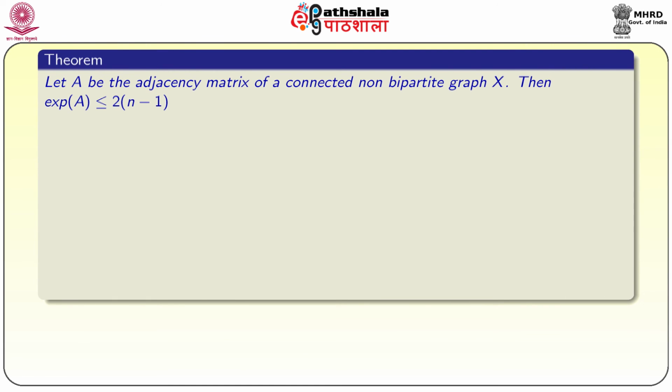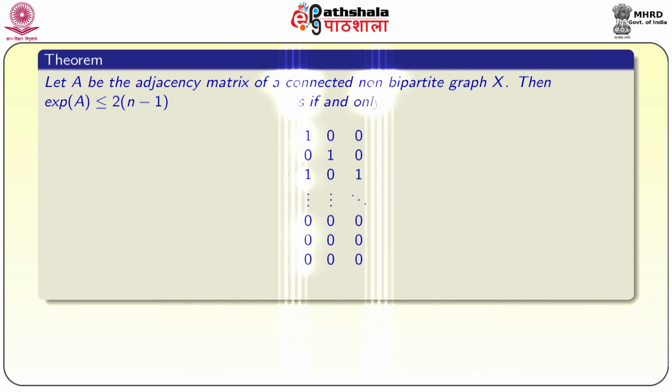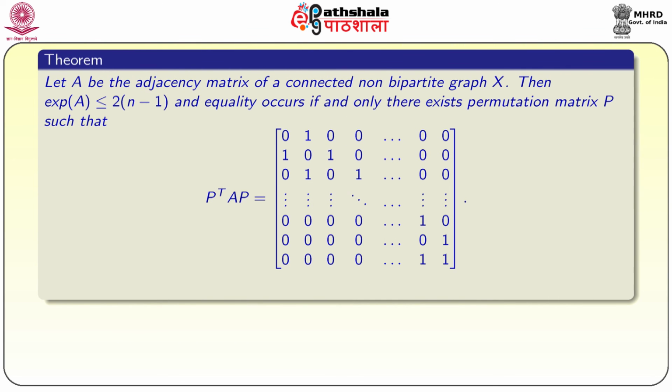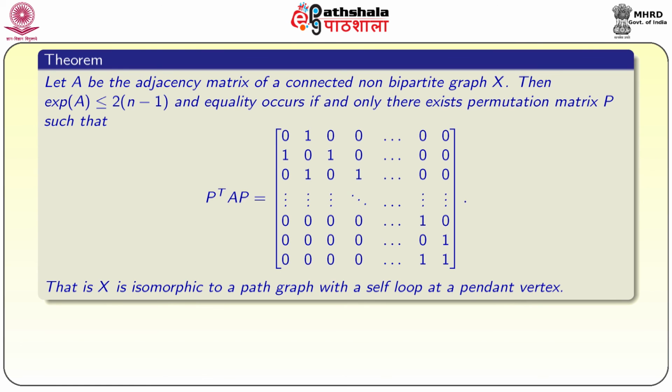Let A be the adjacency matrix of a connected non-bipartite graph X, then the exponent of A is less than or equal to 2 into n minus 1, and equality occurs if and only if there exists a permutation matrix P such that P transpose AP is a matrix of this nature.